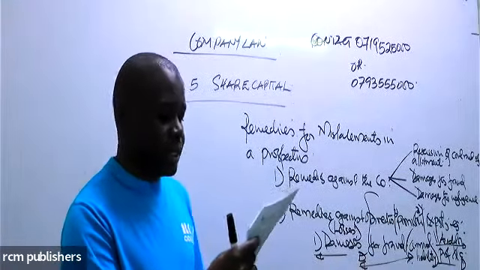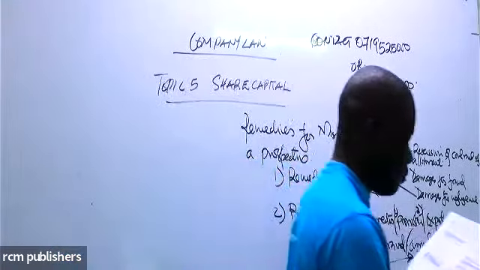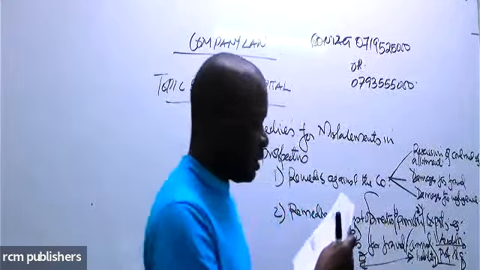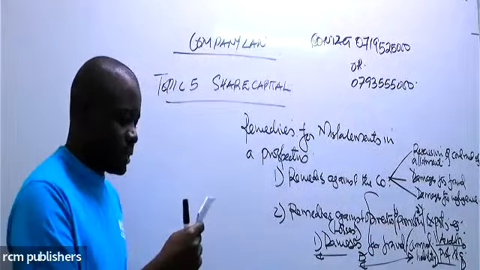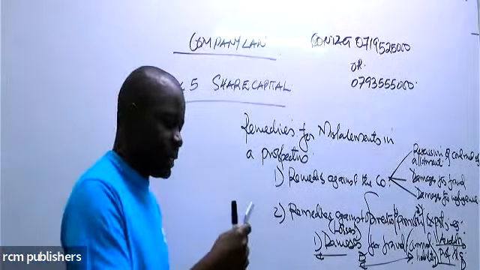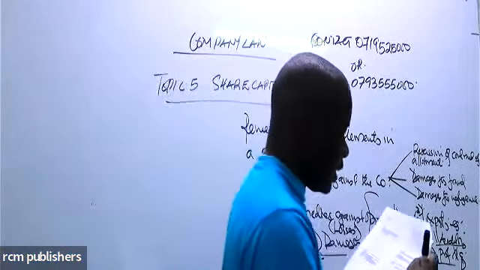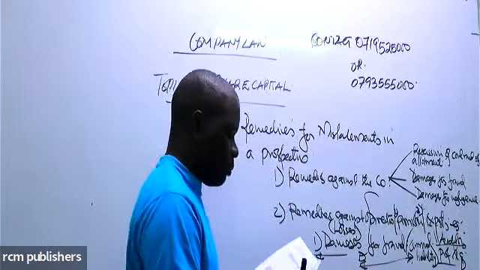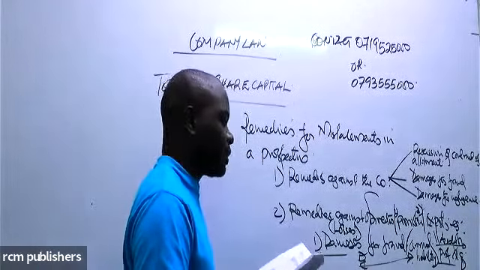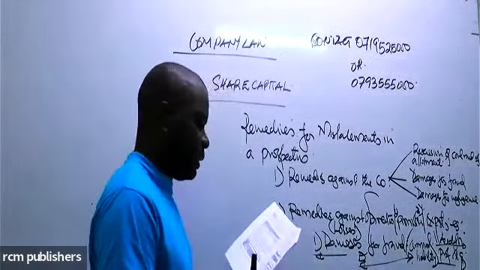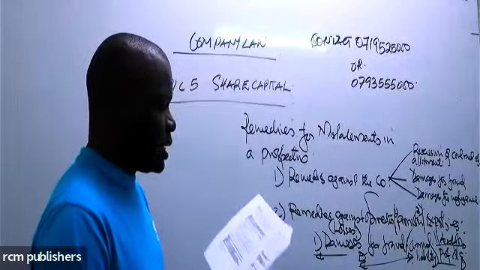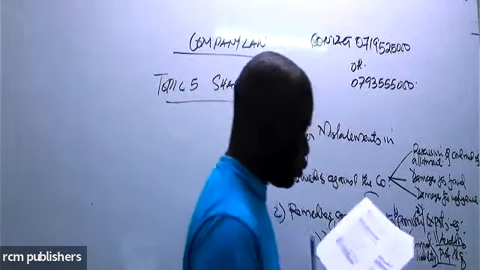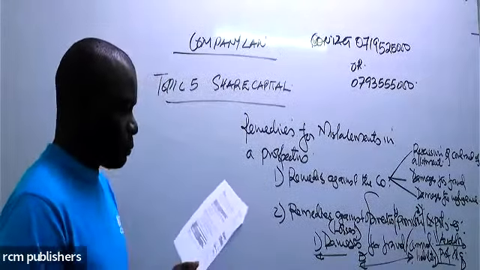Damages for misrepresentation. The remedy is available for any loss sustained by a subscriber by reason of untrue statements in the prospectus. The subscriber must, however, prove that the prospectus contained an untrue statement of material facts and that he actually sustained a loss. So if you can prove there was a misrepresentation, for example a misstatement in the prospectus, then maybe the promoters, directors, or experts can be liable.